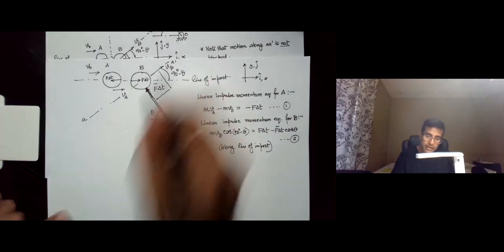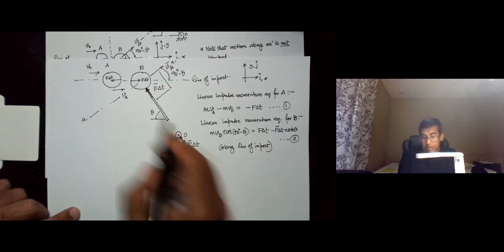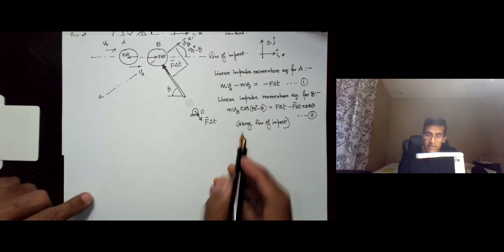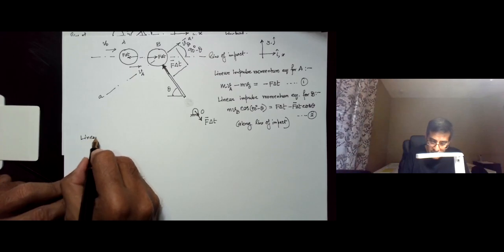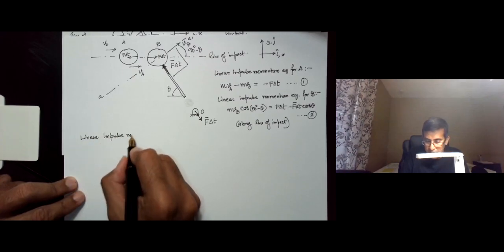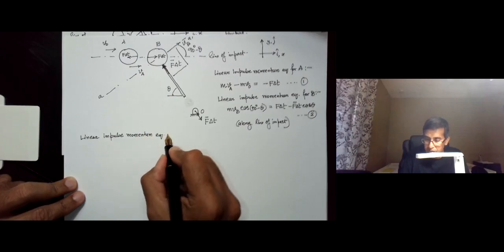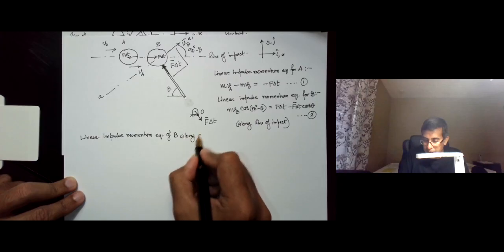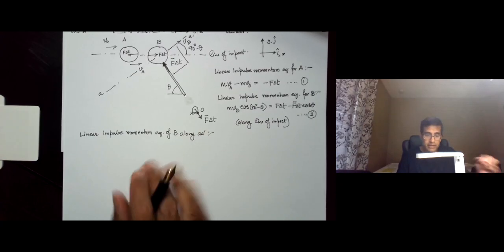So if we apply the linear impulse momentum equation on B along A prime, the linear impulse momentum equation of B along A prime, then what we get is the following.